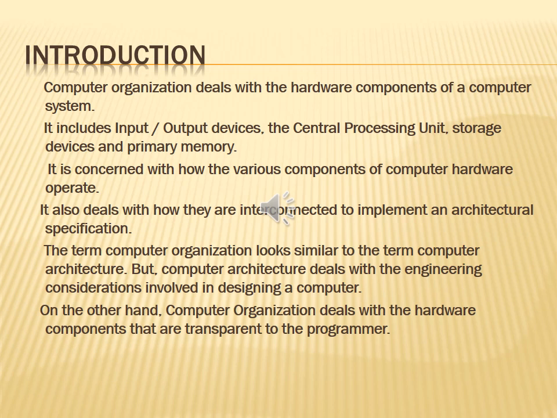We have two types of components: one is hardware and the other is software. The organization deals with the hardware. It includes the input and output devices, the central processing unit, and storage devices. This storage includes the primary and secondary memory.